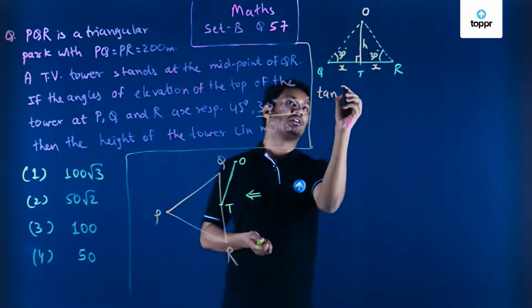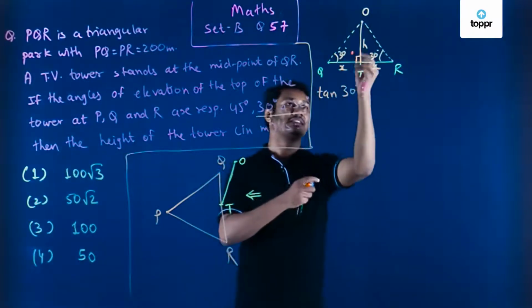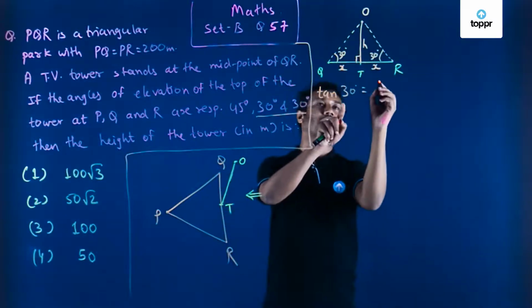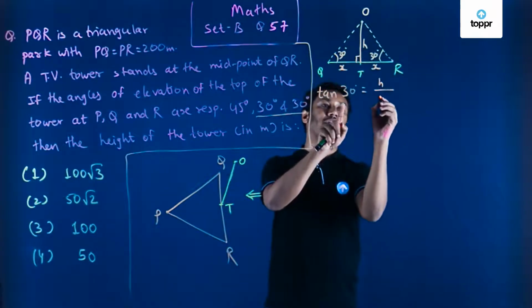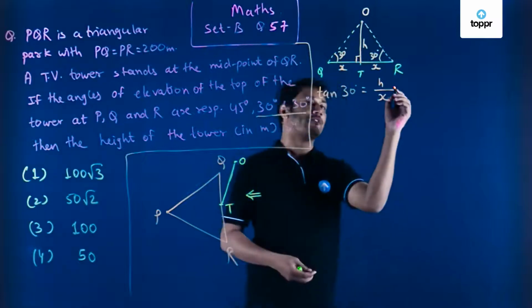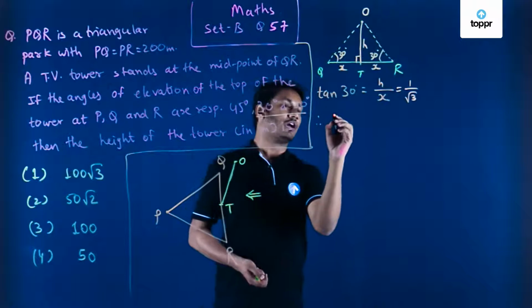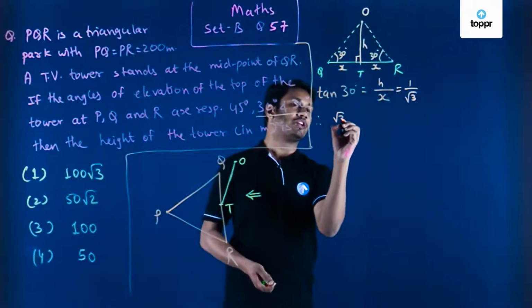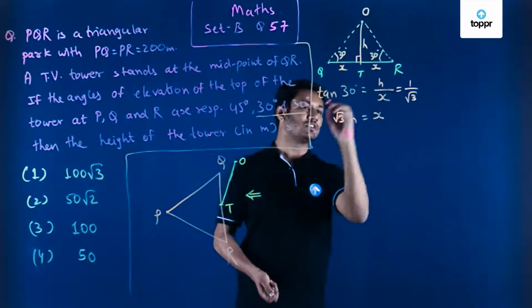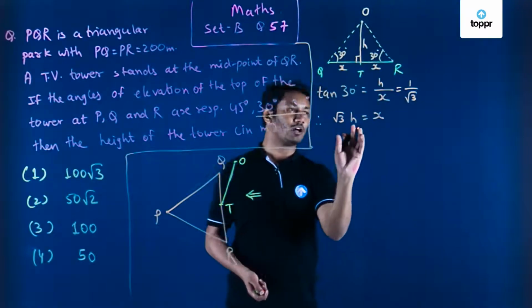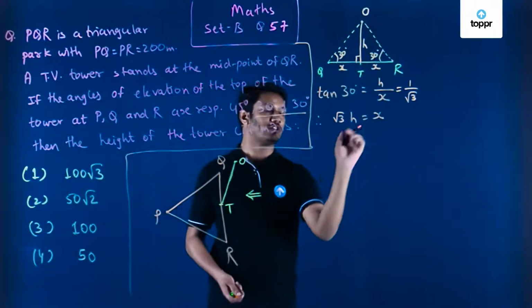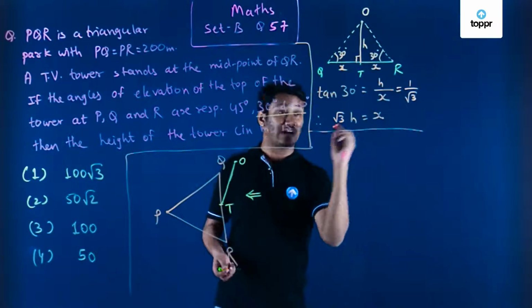So tan 30 degree will be nothing but, in this triangle, opposite side, which is H, upon adjacent, which is X. But we know that tan 30 is nothing but 1 by root 3, and therefore we get root 3 times H is equal to X. Now this is one relationship. Of course, from here I will get the value of height if I know the value of X. Let us see how to find value of X.